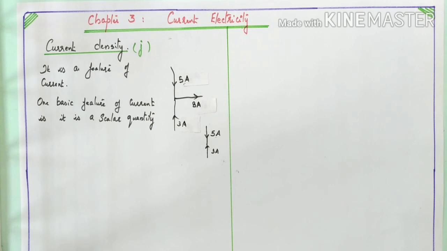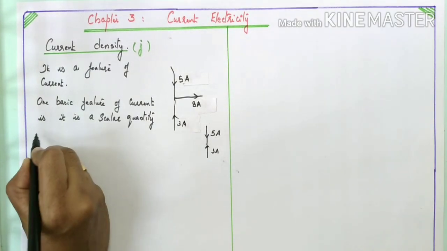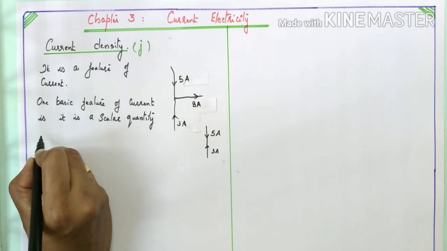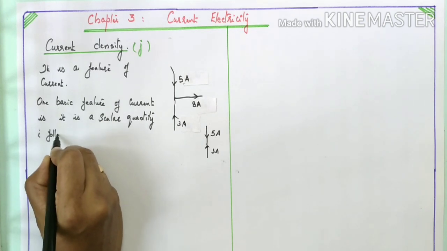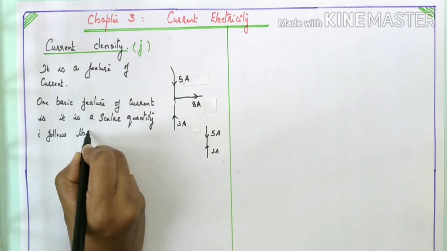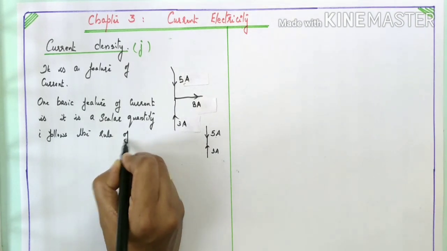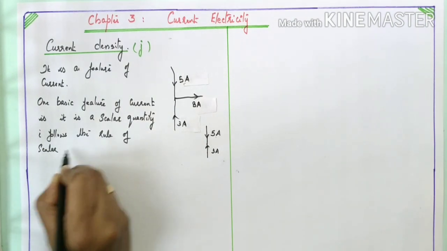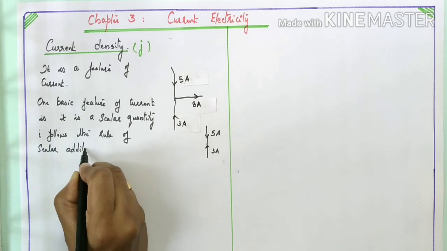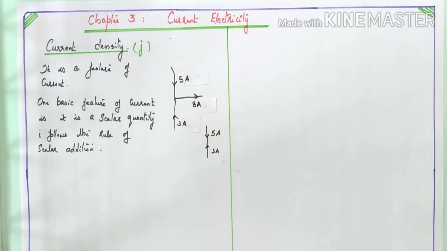It follows the rule of scalar addition, and hence current is considered a scalar quantity. What is the reason? Current follows the rule of scalar addition. It does not follow the vector addition method. So that is the reason.